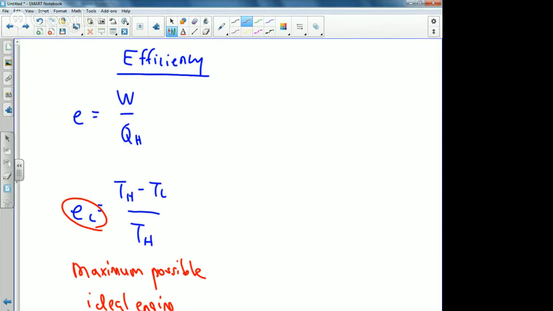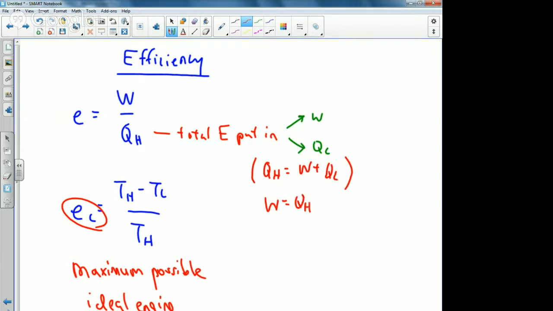But this formula is easier if you really understand what QH means. QH is the total energy put in. And what does the energy ultimately turn into? It turns into work and QL, meaning the energy that's wasted. So QH equals work plus QL, or work is equal to QH minus QL.